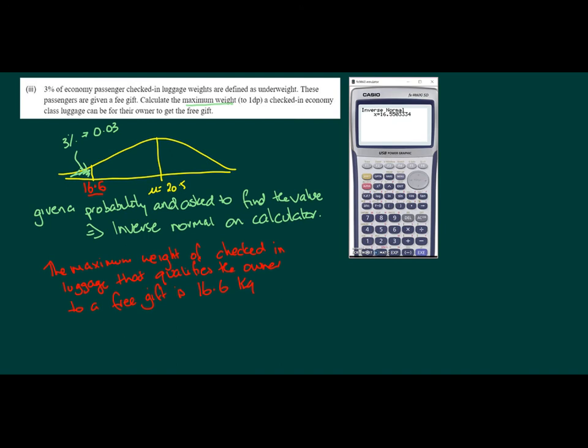And if you can write that, you've got yourself an R grade, which is an easy R grade. So that's how you do an inverse normal problem.